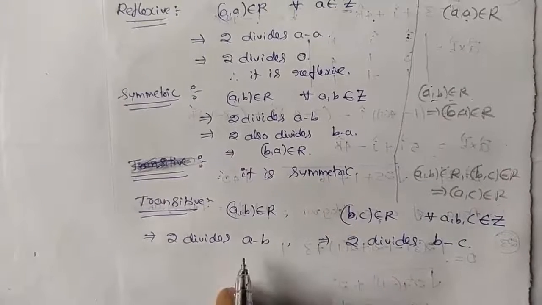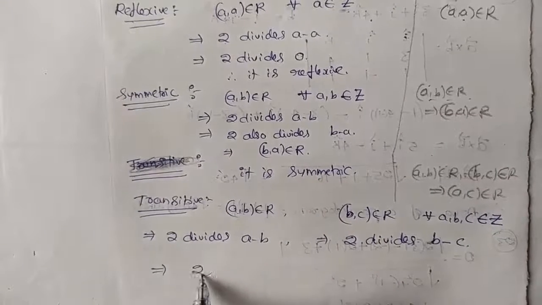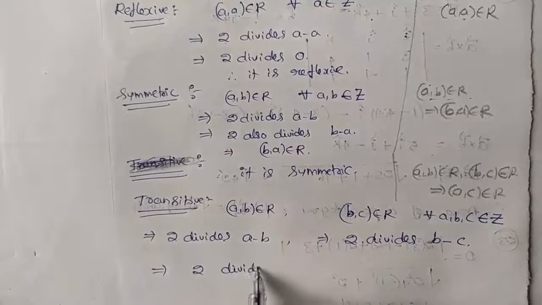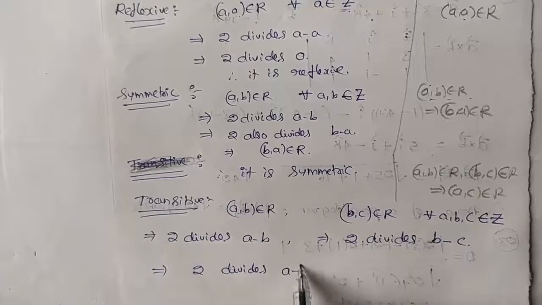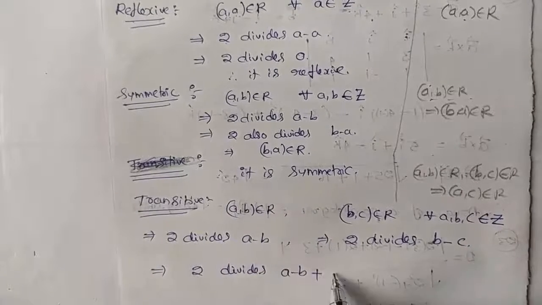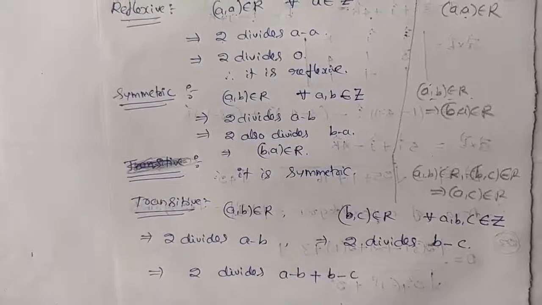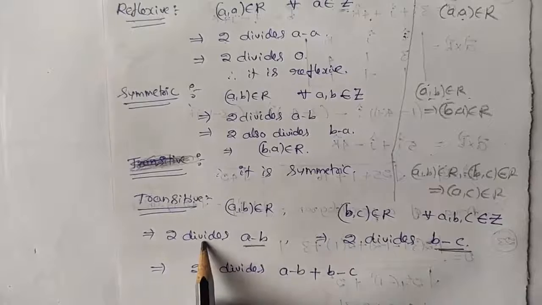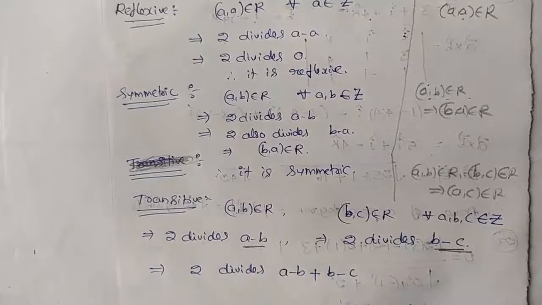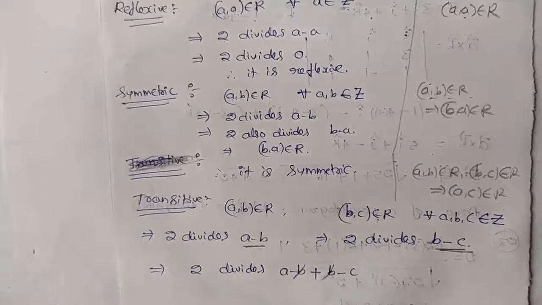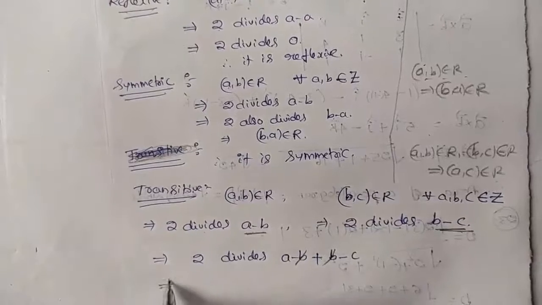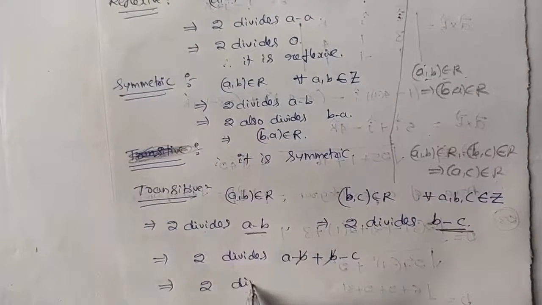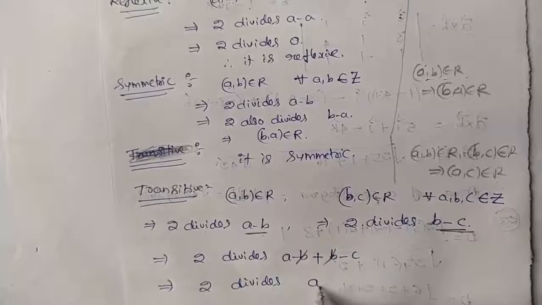Merge these two: 2 divides (a minus b) plus (b minus c). The minus b and plus b cancel, and finally we get 2 divides a minus c.